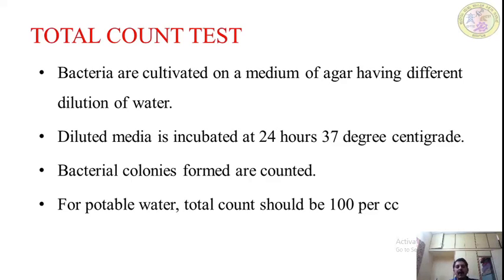After 24 hours, the bacterial colonies formed are counted. By using the microscope, we observe the number of bacterial colonies formed in the different sets of samples, and the total count of the bacteria is taken.